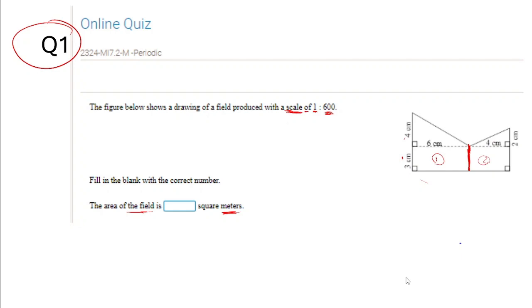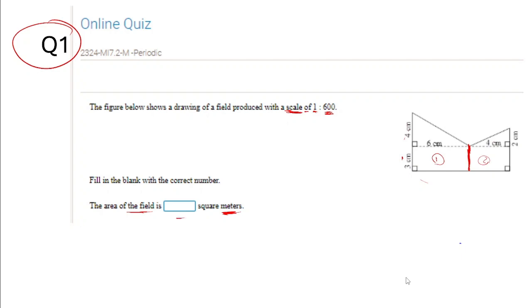So we need to get the actual length of these sides. This is centimeter, and in the question it mentions square meter, so we have to convert centimeter to meter, so we divide by 100. Then we'll get the area of trapezoid 1 and the area of trapezoid 2. We'll add them together, and we will get the field.